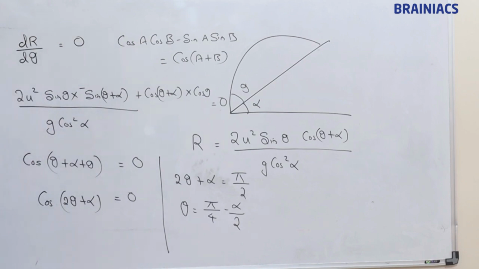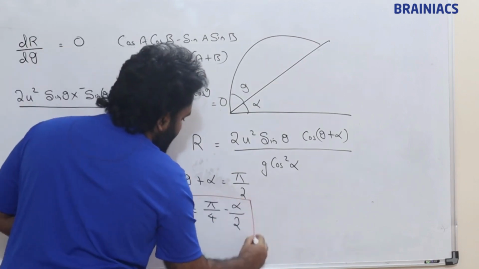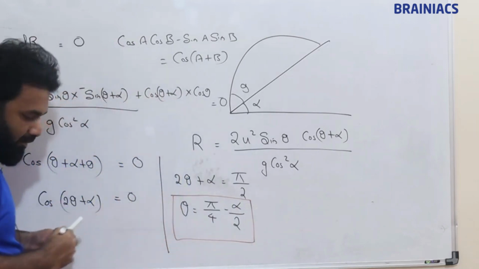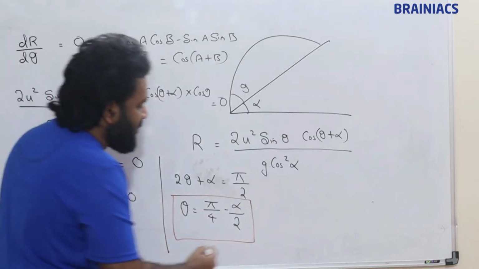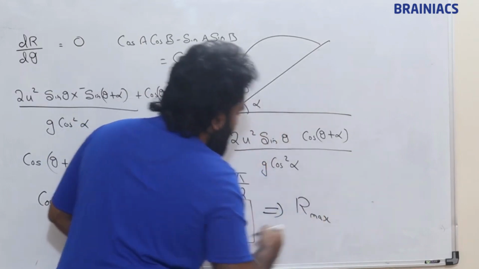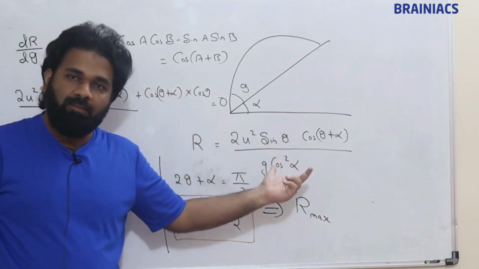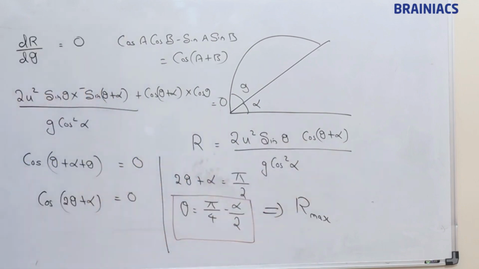So for an angle theta equal to pi by 4 minus alpha by 2, I will be getting maximum range. Now what changes will happen to this formula in order to find maximum range, that also we will see. Now you note it down.